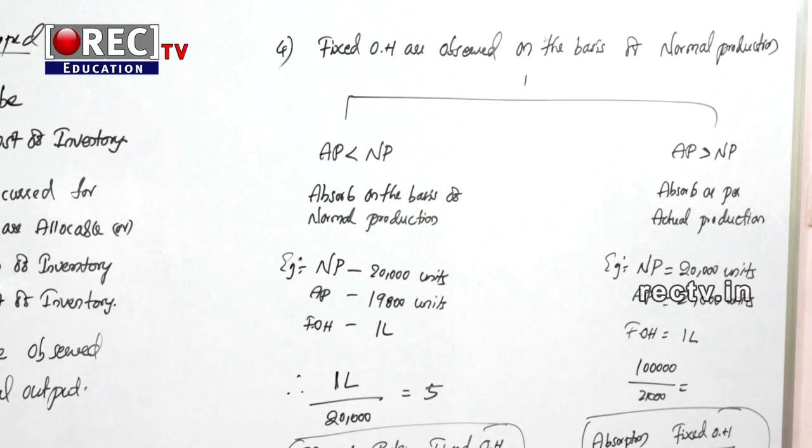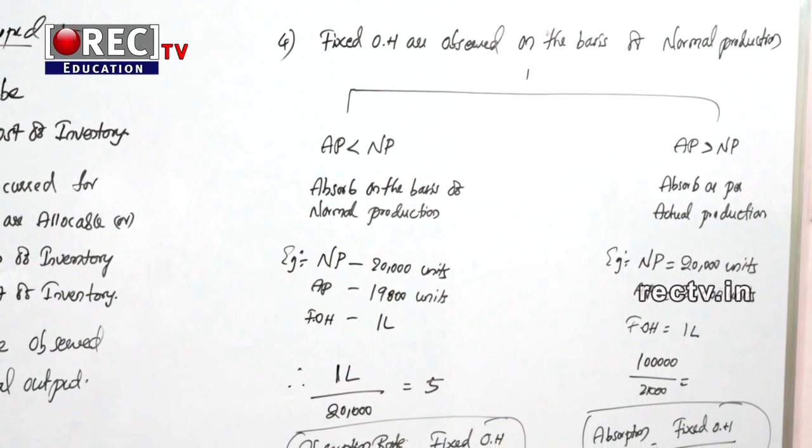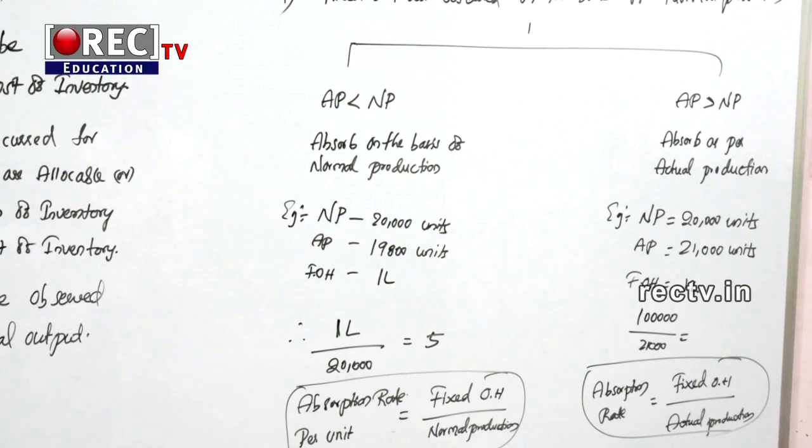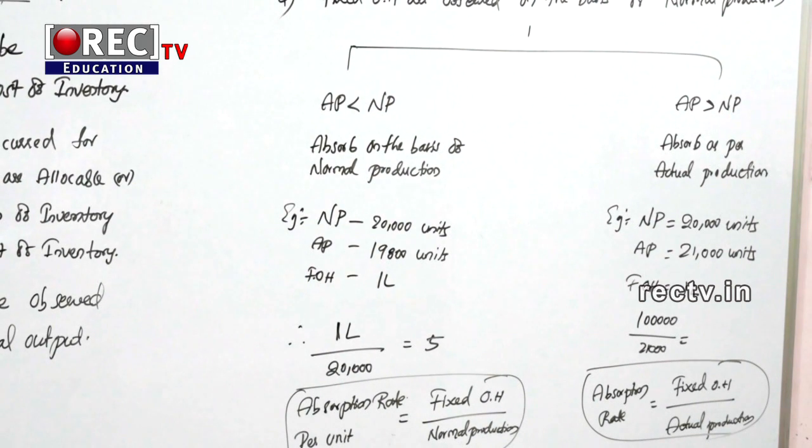Let us take one example so we can understand more clearly. Normal production is 20,000 units and the actual production is 19,800 units, and the fixed overheads are 1 lakh. Now what is the accounting treatment for this absorption overhead rate when actual production is less than normal production?